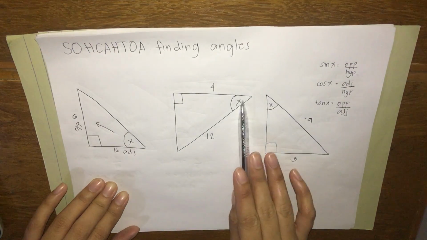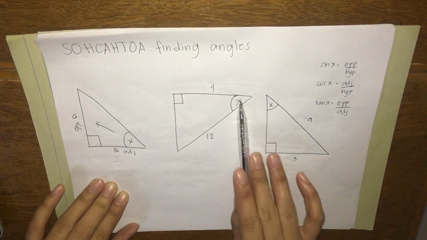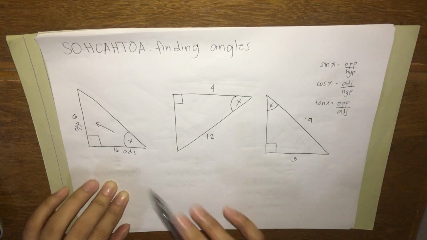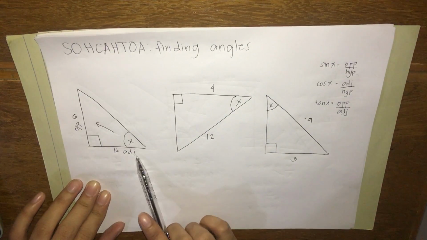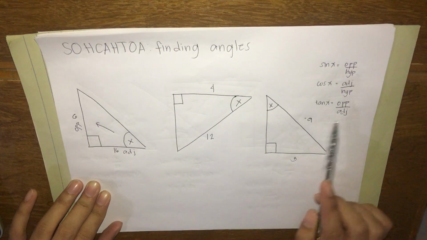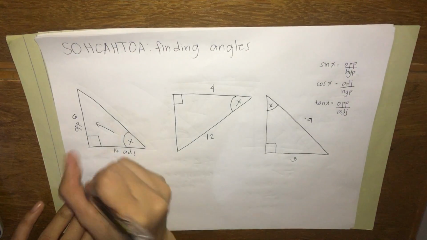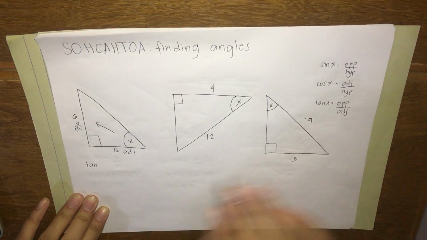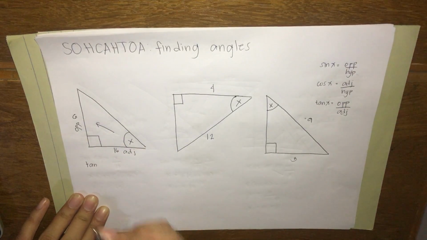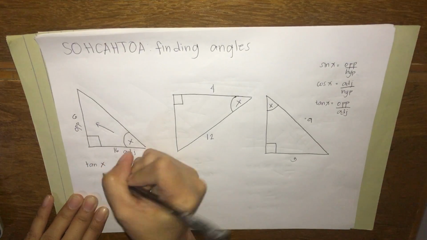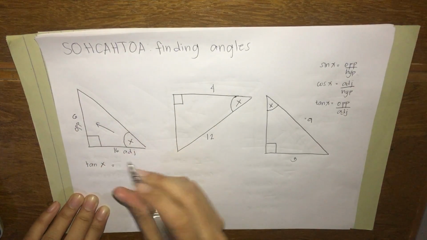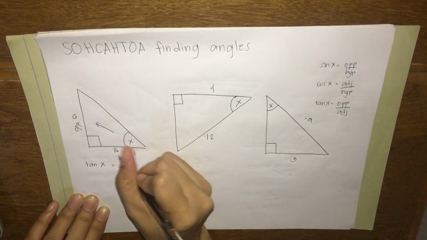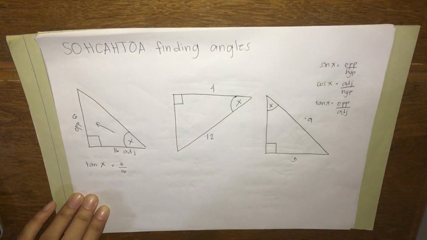So if you notice, the angle here is missing. That's why we're going to find it. So we have opposite and adjacent. Opposite and adjacent, we're going to use the tangent equation. So tangent x, which is the angle, and that is unknown, so we're going to write tangent x is equal to the opposite, which is 6, over adjacent, which is 16.